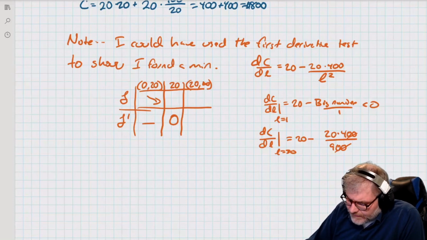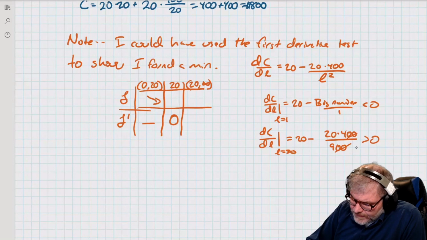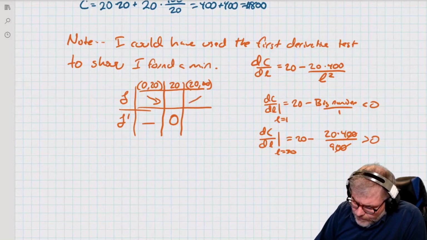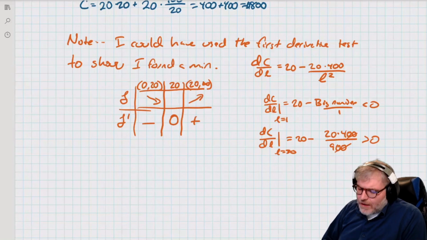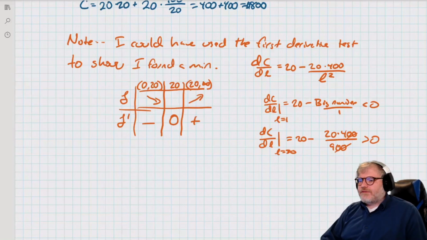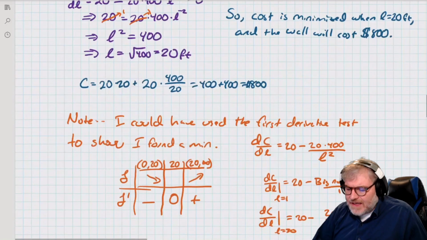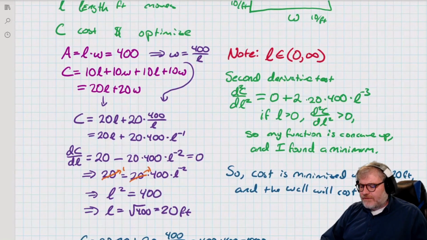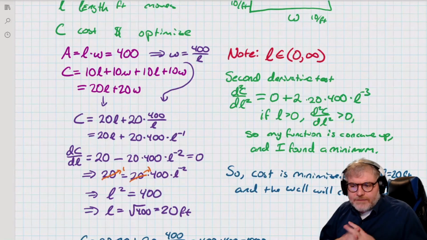It's slightly less than 10. So we wind up here with something that's greater than 0 because this term right here is less than 10. So we go up because we've got a positive. So I could have done a first derivative test to do that. I decided that I didn't want to calculate a bunch of numbers. I just did a second derivative test. But either one would have worked.